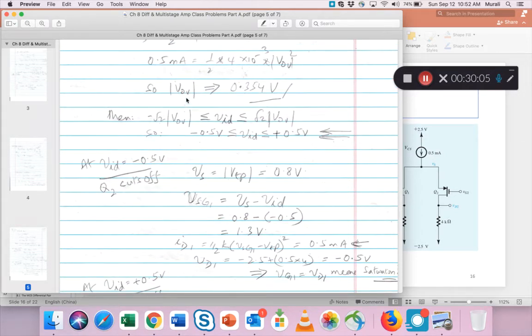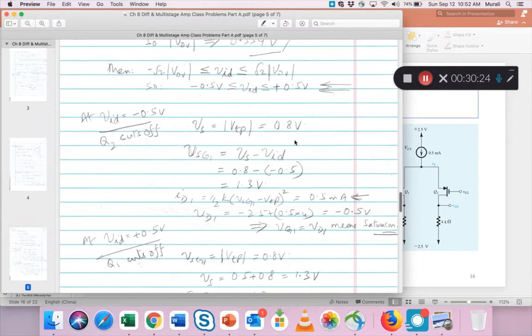So based on this overdrive voltage, the limits are minus root 2 VOV and plus root 2 VOV. So we have this range of minus 0.5 to plus 0.5 to take the current either totally into Q2 or totally into Q1. Okay.